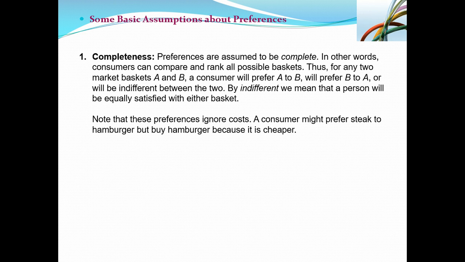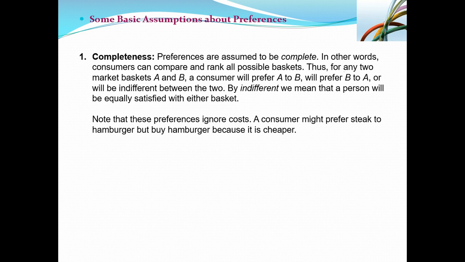As long as this consumer is able to rank these bundles according to the level of satisfaction that he or she is deriving from the consumption of these commodities, then if these preferences are complete, it means that consumers can compare and rank all the possible baskets.